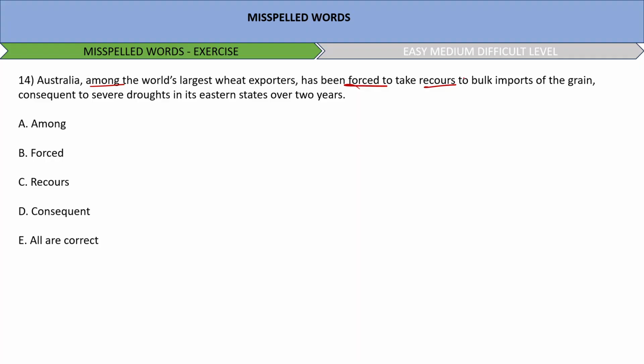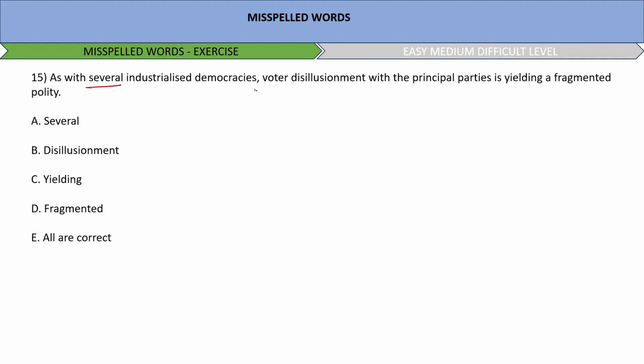As with several industrialized democracies, disillusionment with the principal parties yielding a fragmented polity. So here several, disillusionment, yielding, fragmented. Which one of the following is incorrect?